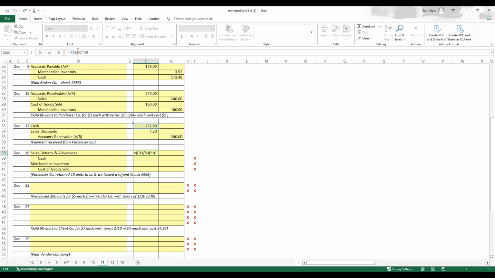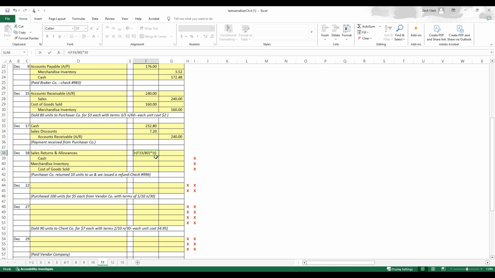So that's a little tricky. We have to think about if they hadn't taken the discount, then we would just take 240 divided by 80, because what we want is a per unit cost. So if they hadn't taken the discount, it would be the total original sale divided by 80 units, or $3 each.